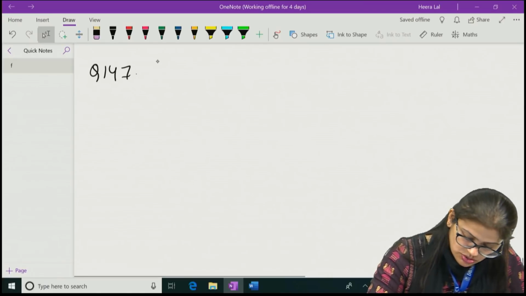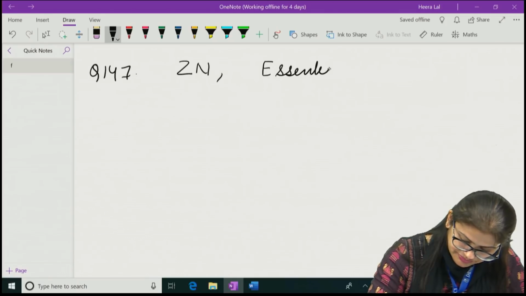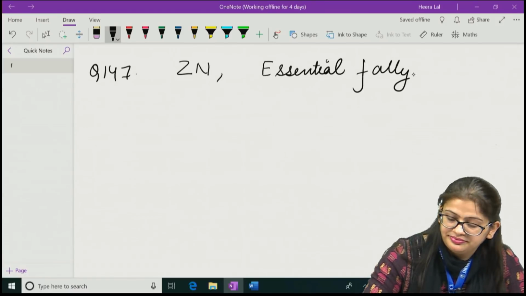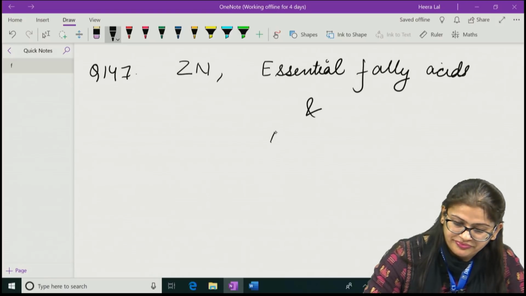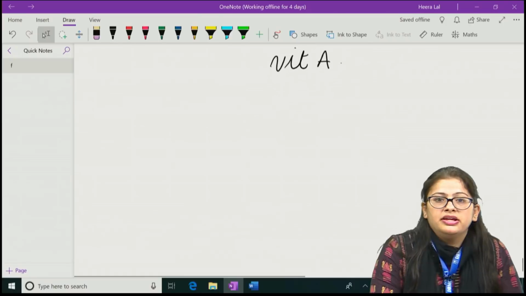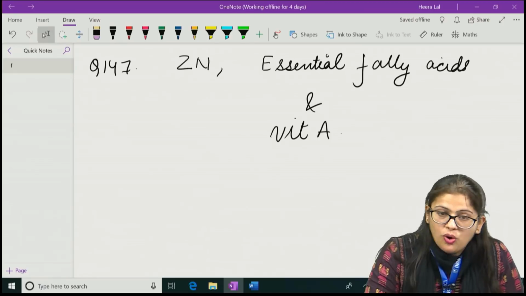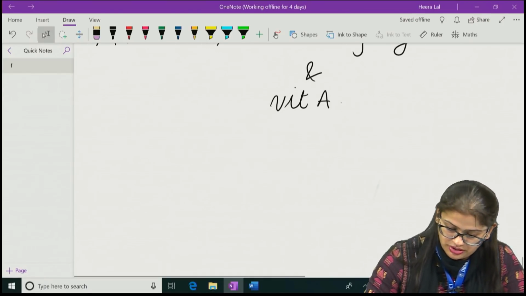So the answer to this question is zinc, essential fatty acids, and vitamin A. So zinc, essential fatty acids, and vitamin A all will cause skin changes that are seen in protein energy malnutrition.